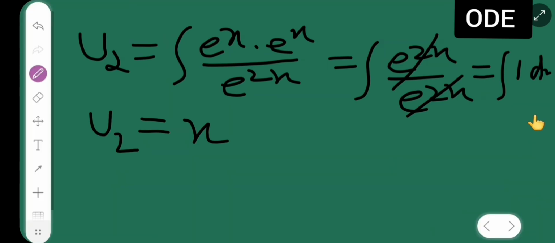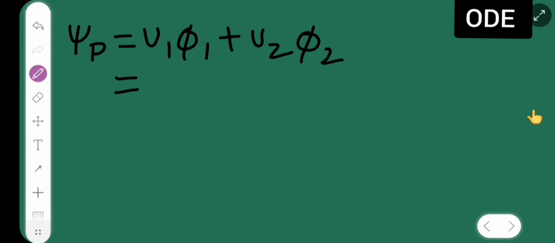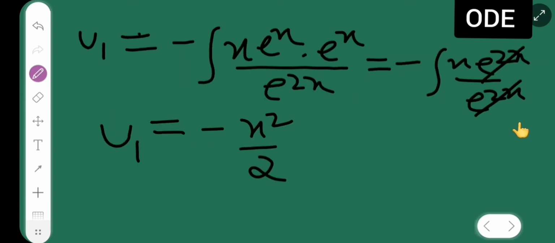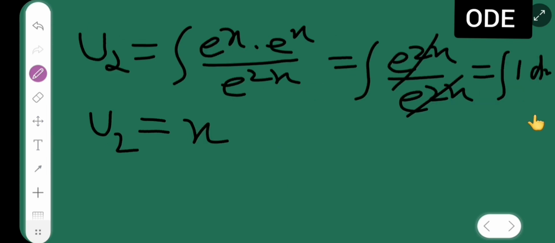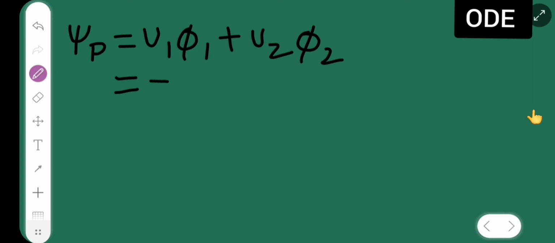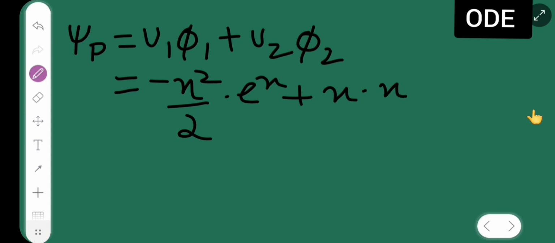Substituting u1 and u2 values in this, okay? What is my u1? My u1 is nothing but minus x square upon 2. What is my phi 1? e raised to power of x, plus what is my u2? x. What is my phi 2? x e raised to power of x, right?